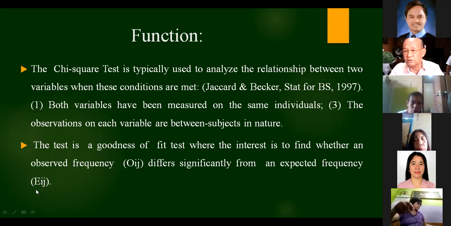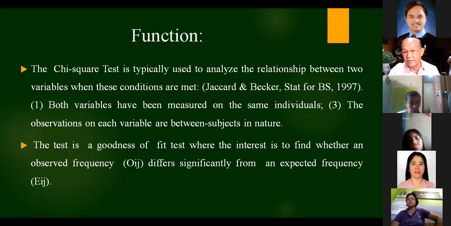So there are two sets of frequencies being studied: a set of data gathered from the questionnaire, OIJ, the observed data, which you compare with a set of expected frequencies. The expected frequency is a set of frequencies assigned by the researcher. Later on, I'll show you how the expected frequencies are assigned.